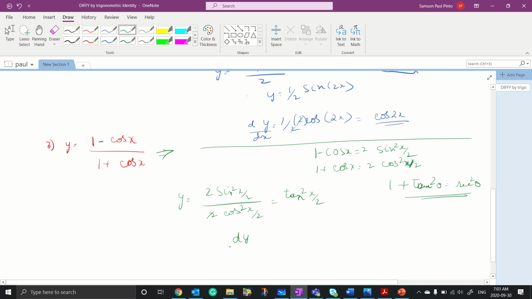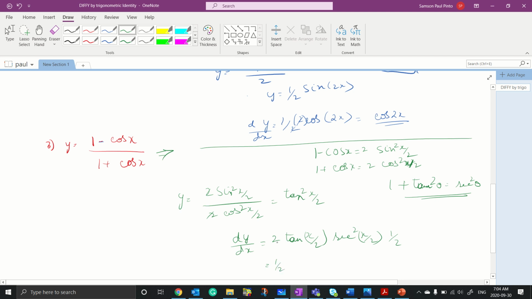So dy by dx is equal to nothing but 2 tan x by 2 into the differentiation of tan x by 2, that is secant square x by 2, into the differentiation of x by 2, that is nothing but 1 by 2. So that is half.